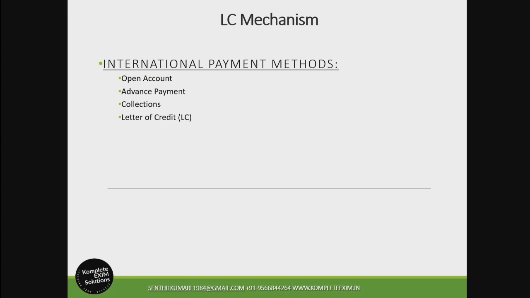Now we move to advance payment. Advance payment is totally opposite to open account. In advance payment, as the name says, the importer first makes the payment, and only then the exporter will ship the goods. Once the advance payment reaches the beneficiary's account, the exporter will ship the goods, prepare the shipping documents, and send the documents directly to the importer. So as you see, the risk is more for the importer.